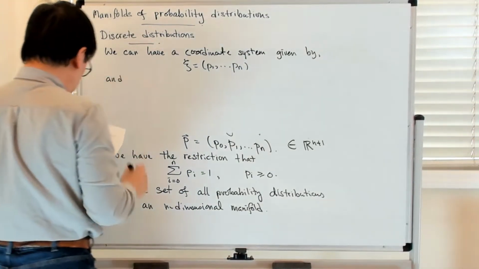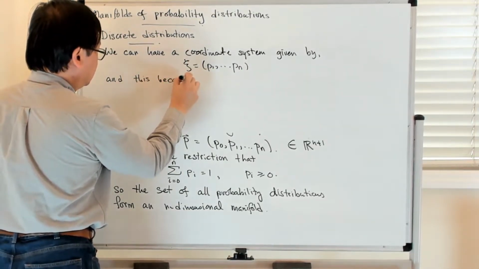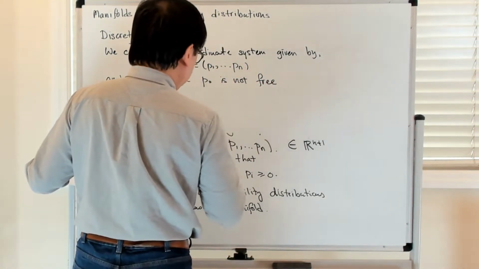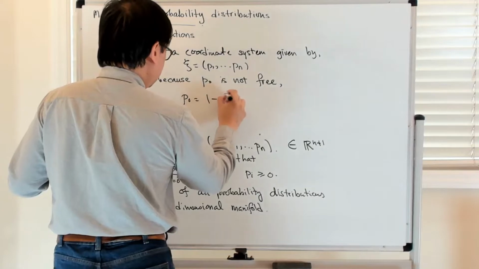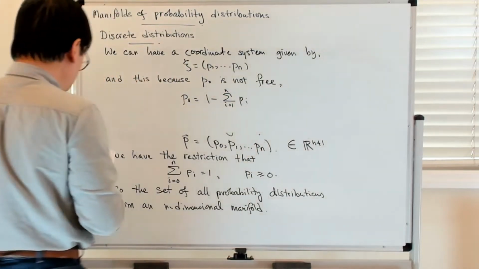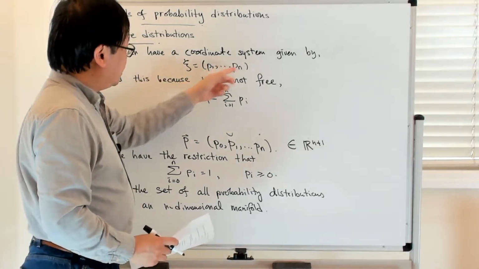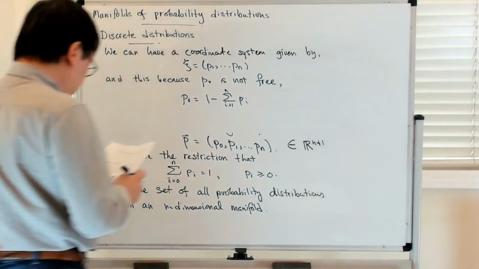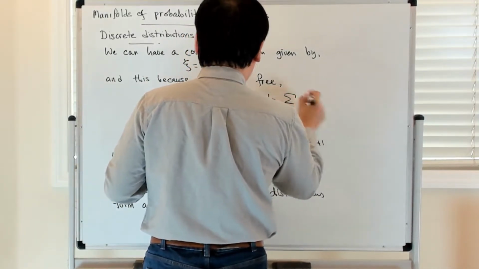And this is because P0 is not free because of the normalization condition. So P0 is just going to be 1 minus the sum from i equals 1 to n of Pi. So the point which we talked about earlier is that given P1 to Pn, you can infer what P0 is through the normalization condition. So this is 1 minus the sum of the coordinates which we have here.